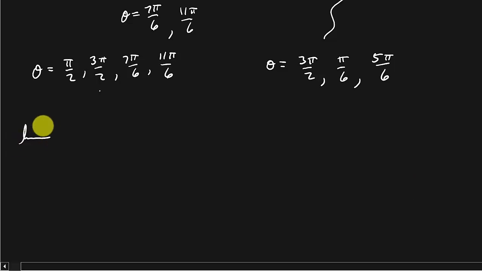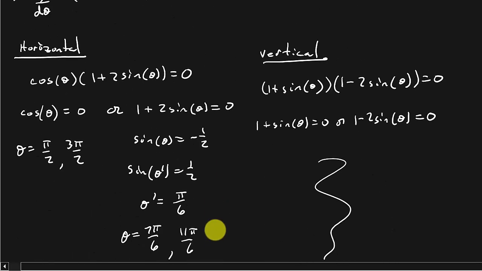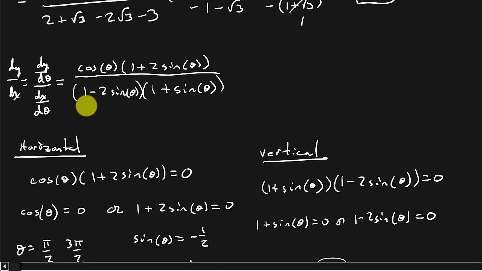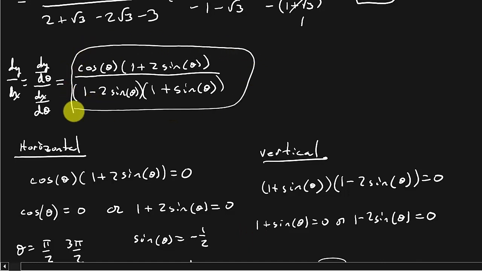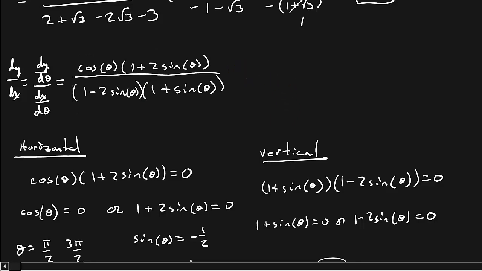So I'm going to do the limit as theta approaches 3 pi over 2 from the left of dy dx. Well, what's dy dx? There's your dy dx. Okay, so we got to do the limit of that thing.